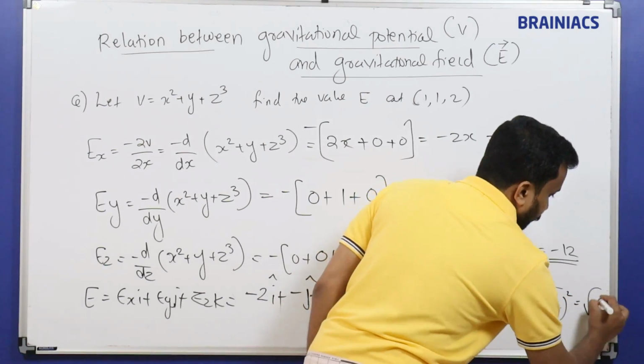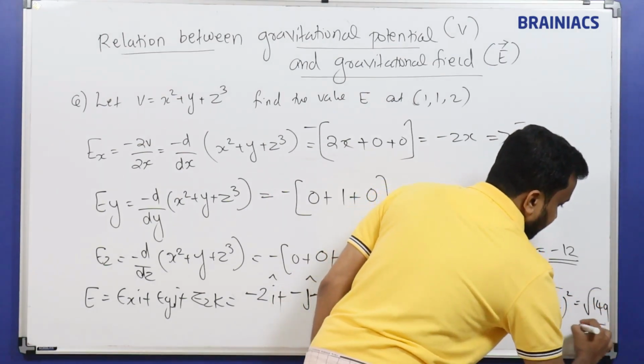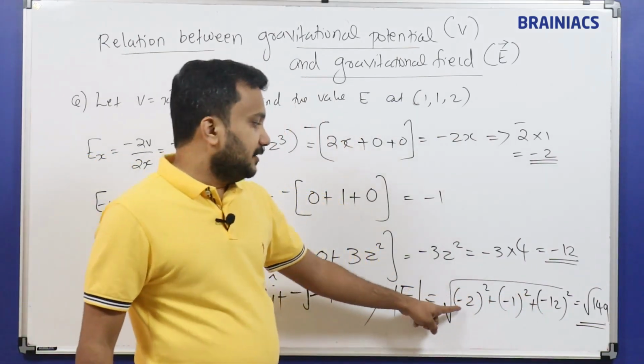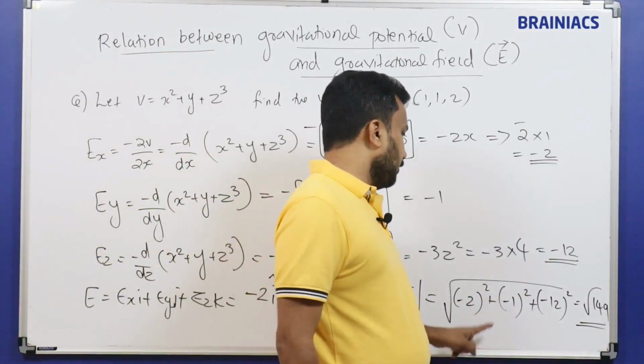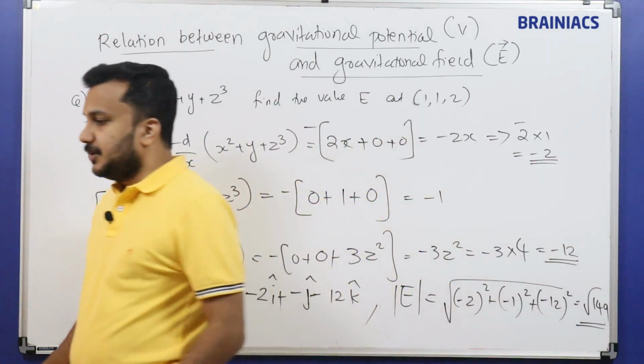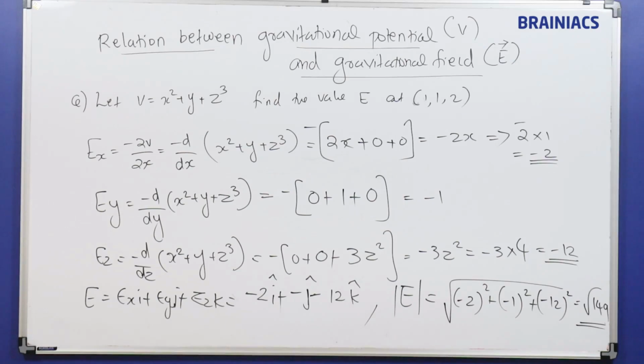So it becomes equal to root of 149. This is 144, this is 4 and this is 1. So 5 plus 144 means 149. Okay, so the answer is root 149. So this is important.